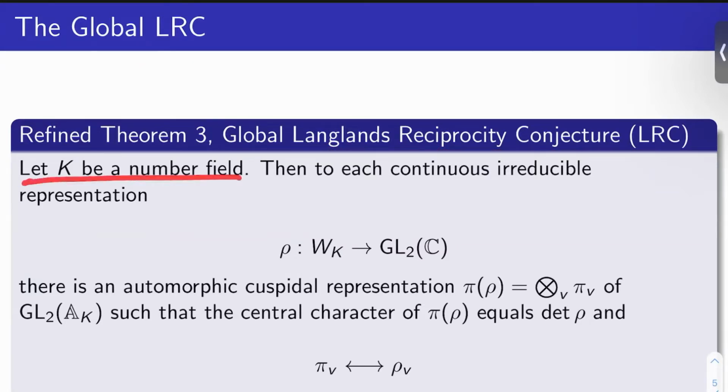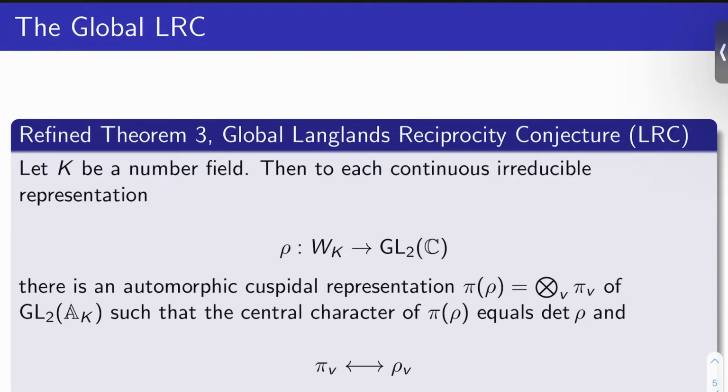Let K be a number field. To each continuous irreducible representation rho from the Weil group of K to GL_2 of C, there's an automorphic cuspidal representation, which we'll call pi of rho, broken down with the tensor product into local components pi_v for every place v of K. This is a representation of GL_2 of A_K with central character det rho.